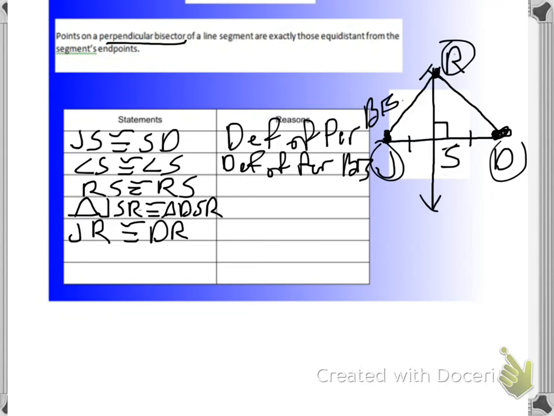Alright, I know that RS is congruent to RS because they both share that line here. We both got 90-degree angles here. So RS is congruent to RS, and that's by the reflexive property.